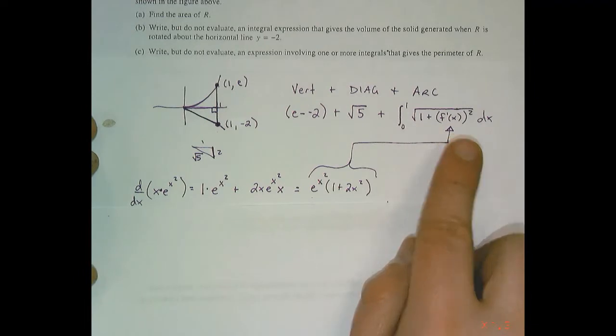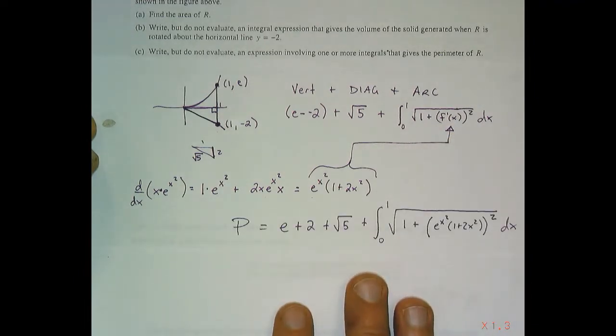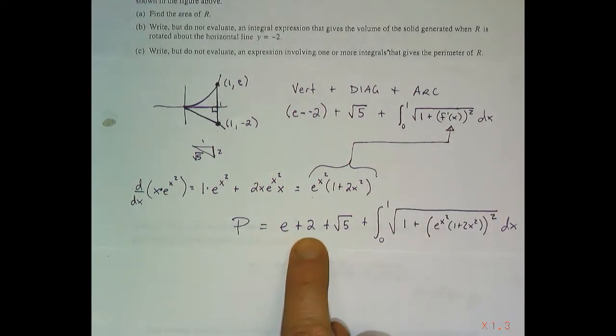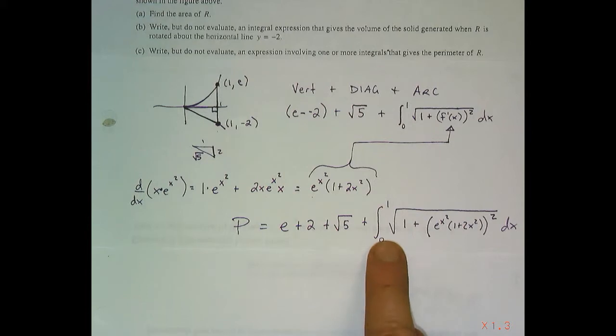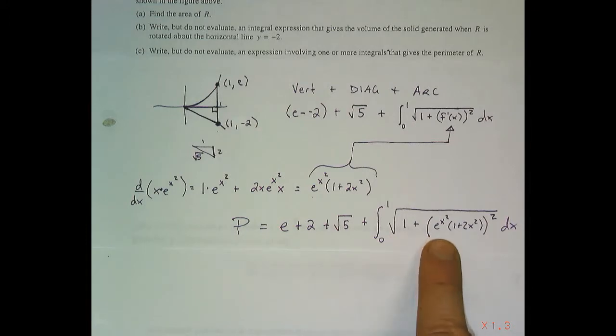So our final expression for perimeter is the vertical line e plus 2, plus the diagonal line of root 5, plus the arc length of the arc, which is the integral from 0 to 1 of the square root of 1 plus the derivative squared.